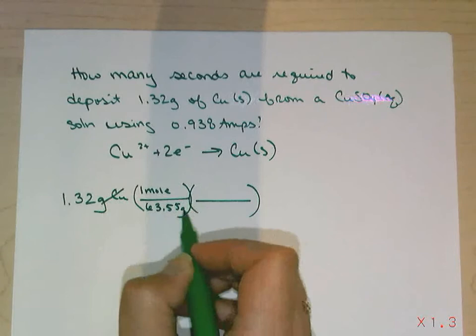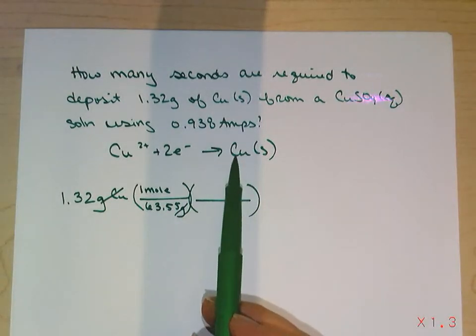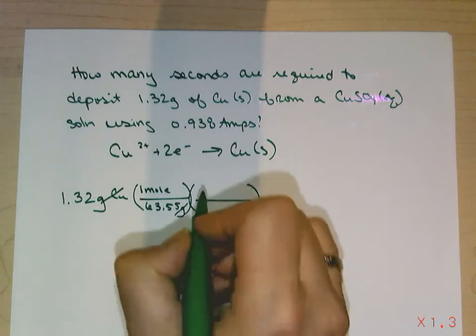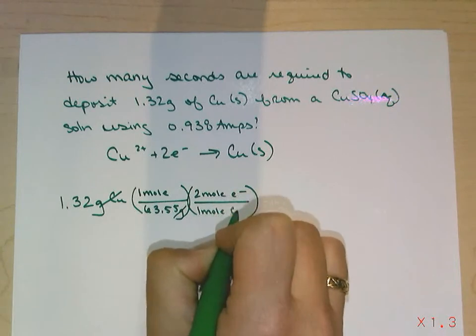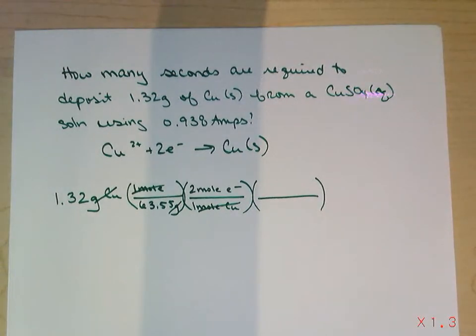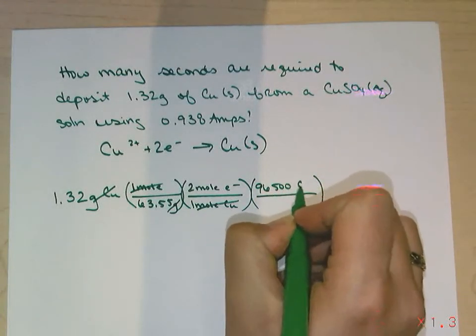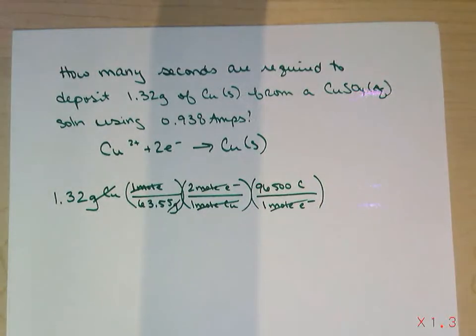All right, so now I have 1 mole of copper. How many moles of electrons do I need to make that 1 mole of copper? 2. Okay, then we'll use our Faraday's constant. It's not in coulombs.